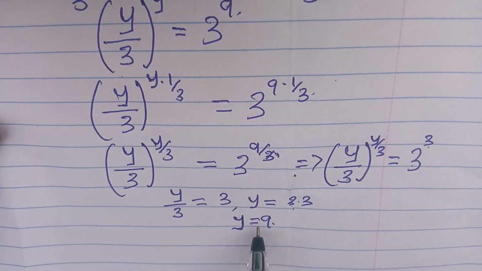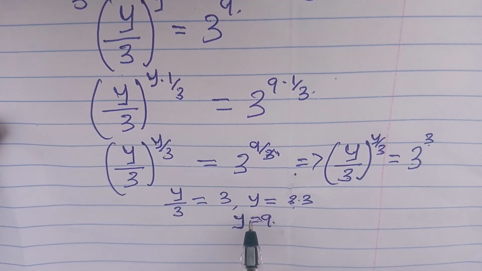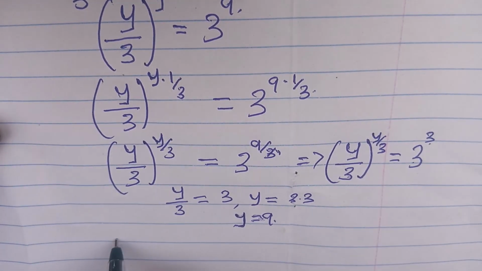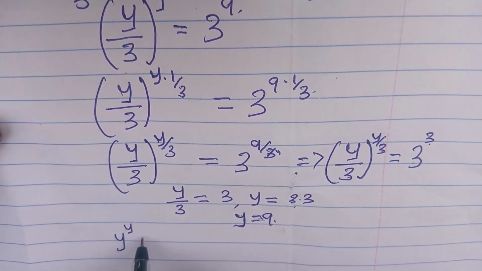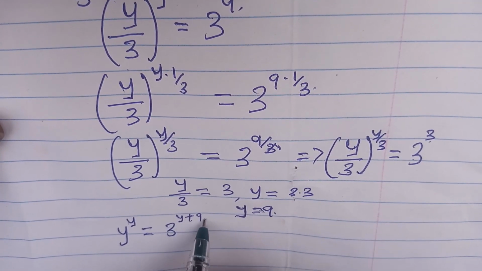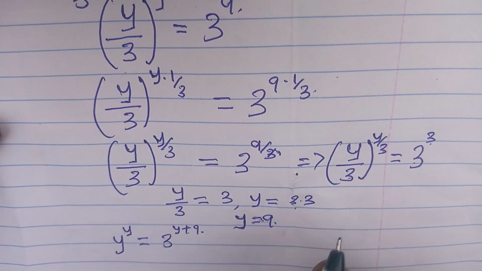We want to substitute the value of y into our previous question to see whether we are accurate. The question reads y to the power of y equals 3 to the power of y plus 9. Remember, y equals 9.